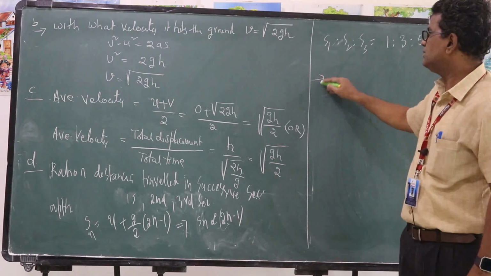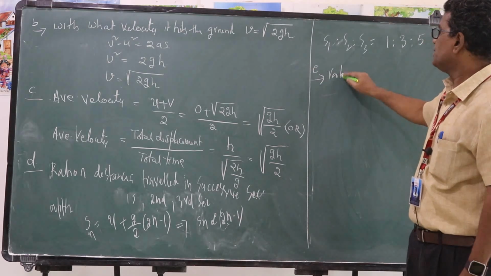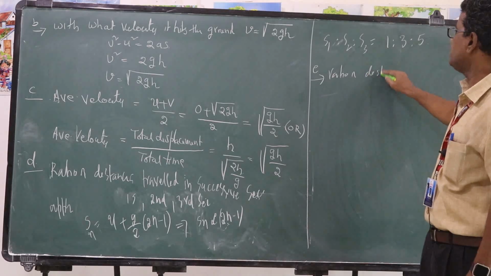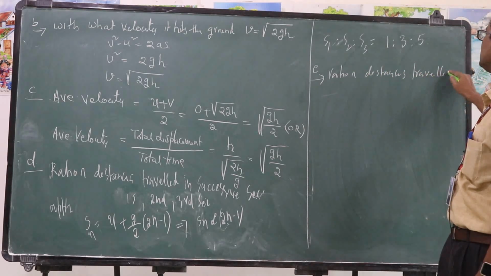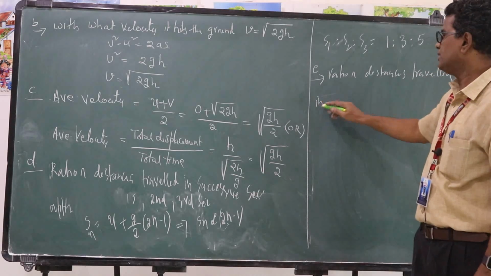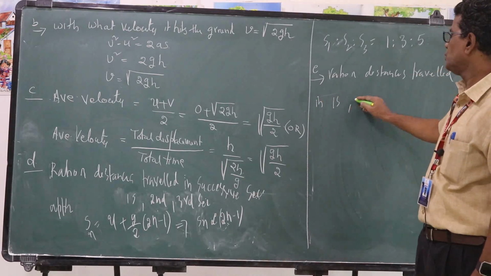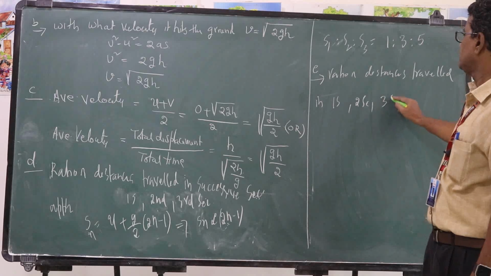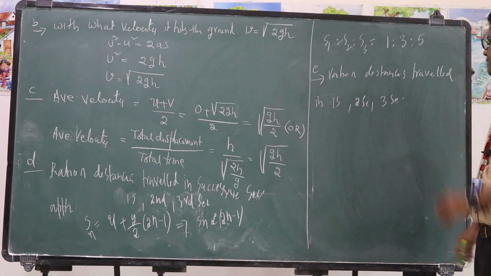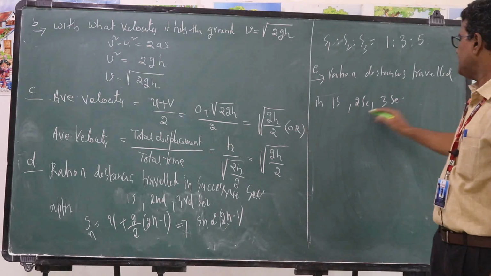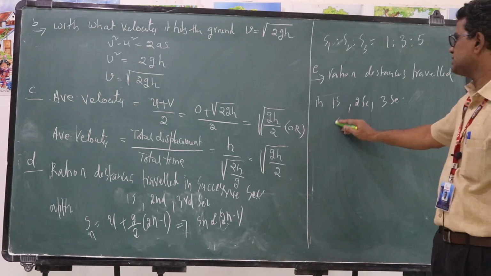What is the ratio of distances traveled in 1 second, 2 seconds, 3 seconds and so on? So what you will get? Apply S is proportional to t square.